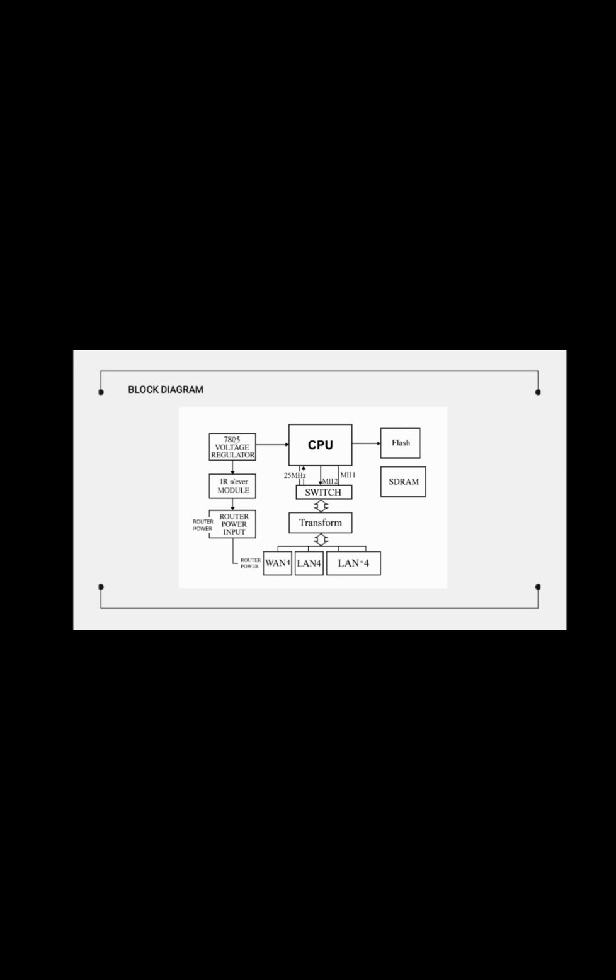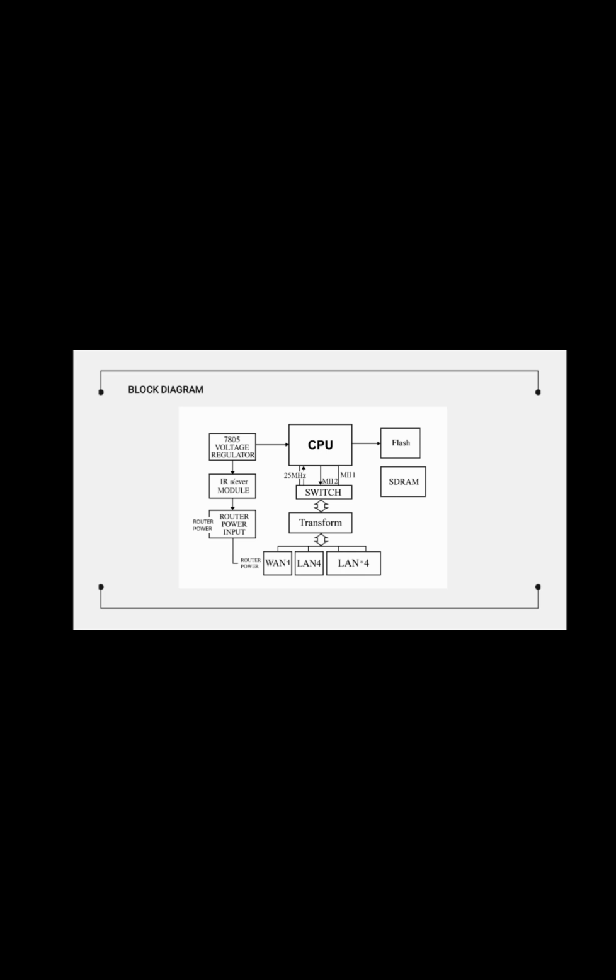For powering up the router, the router power input is given to the 7805 voltage regulator. This voltage regulator is a step-down device that converts the 240 volt AC to the components' supply requirements.